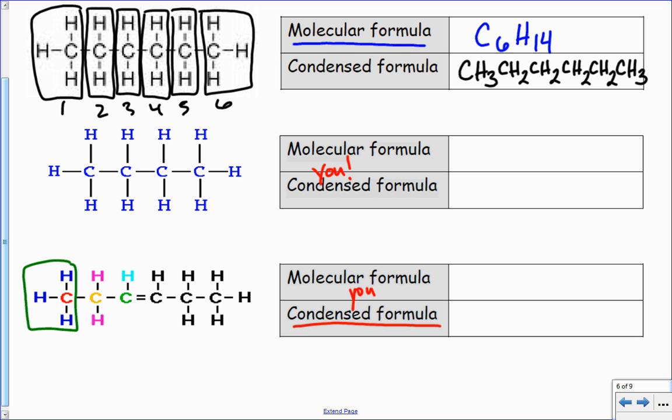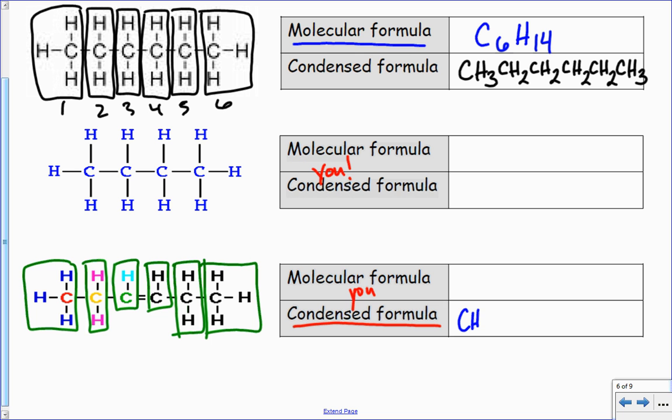All we're really doing is we're still blocking out the sections of the molecule. So we go CH3, that's the far section. We got a CH2 after that. Then we have a CH, CH, and a CH2, and finally we're finishing with the CH3. So I want to see you do the molecular formula on that one.